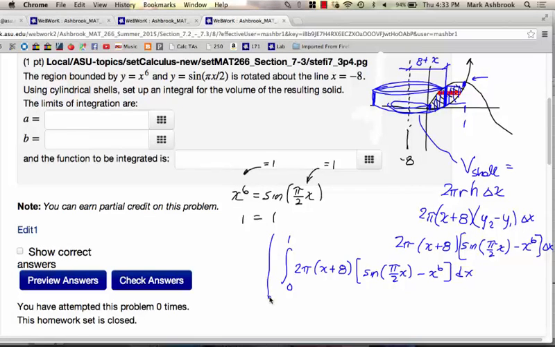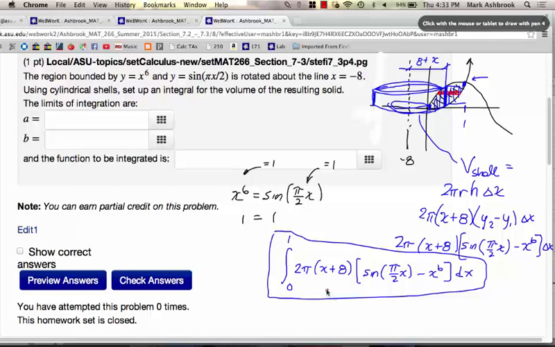Other questions? So now this integral. You're going to have 4 different parts. So x times sine of this thing. How do we do the antiderivative of that? For number 1, x times sine of pi over 2 x, that's undoing the product rule, right? 8 times sine is easy.